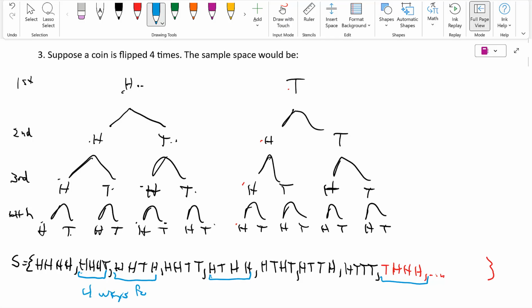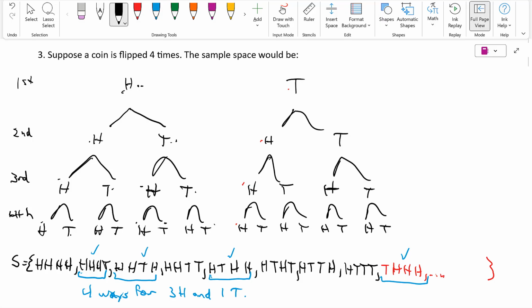So 4 ways for 3 heads and 1 tail. So if we wanted to compute that probability, heads, heads, heads, tails, or 3 heads out of these 4 flips, we couldn't just do the 1/2 times 1/2 times 1/2 times 1/2, which would give us 1 out of 16. That would only account for the probability of any one of those. Right, so all 4 of these with the checks now would have a probability of 1 out of 16. So if we add those up, we'd see a 4 out of 16 or 1 out of 4 chance of ending up with 3 heads.